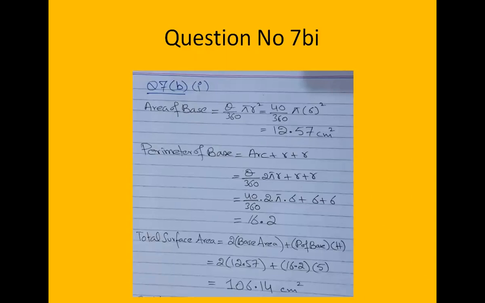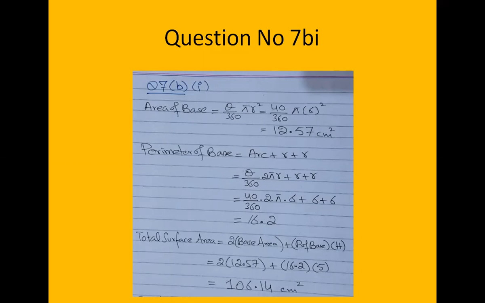So the area of the base will be theta by 360 pi r square. 40 by 360 multiplied by pi multiplied by 6 square equals 12.57 centimeter square. The perimeter of the base, because it's in the shape of a sector, will be the arc plus radius, and the arc you can find by the formula theta by 360 times 2 pi r plus radius.